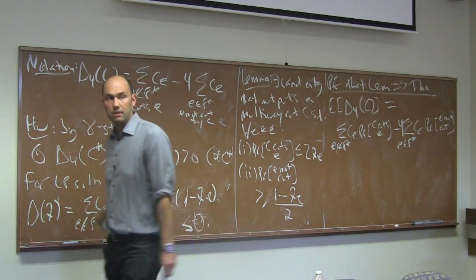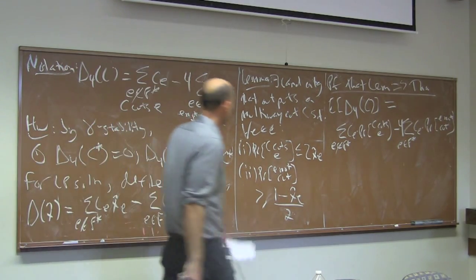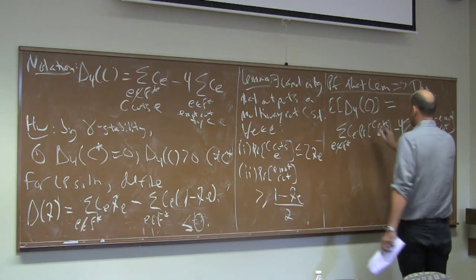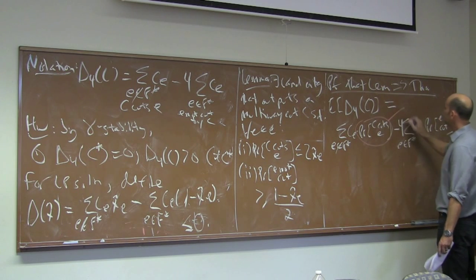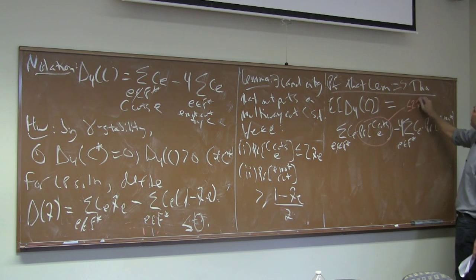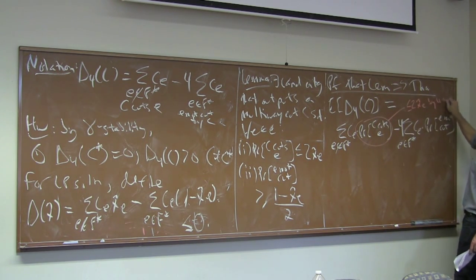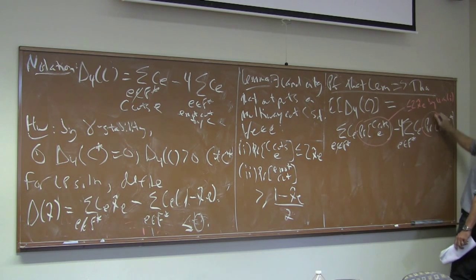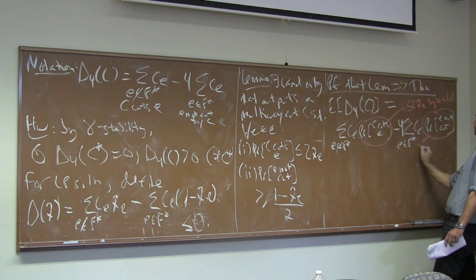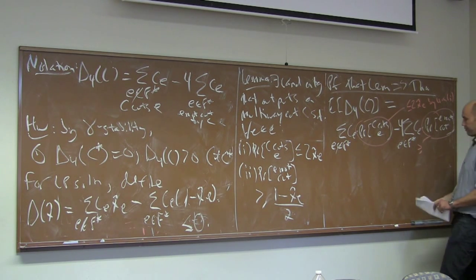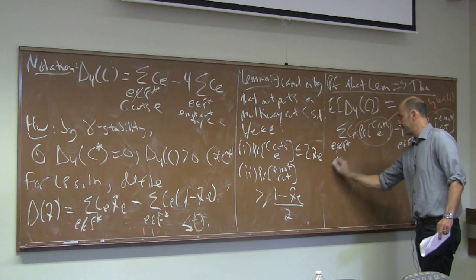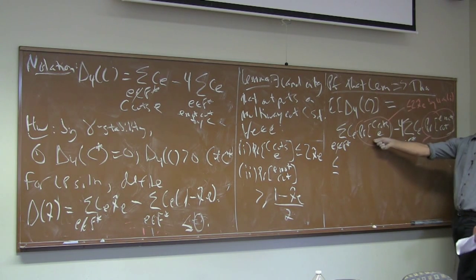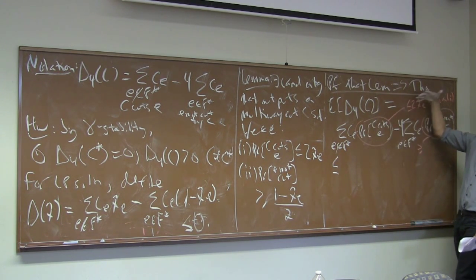Again, that's just linearity of expectation. Applying the lemma part 1, this is at most 2 x hat e. Applying the lemma part 2, we're shooting for an upper bound here, just to be clear. For the positive term, we want an upper bound.